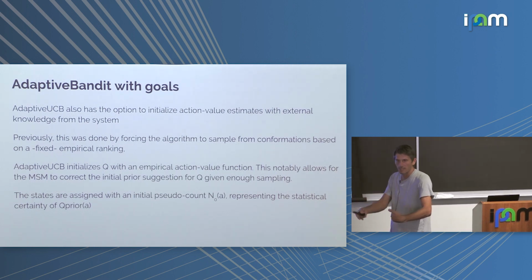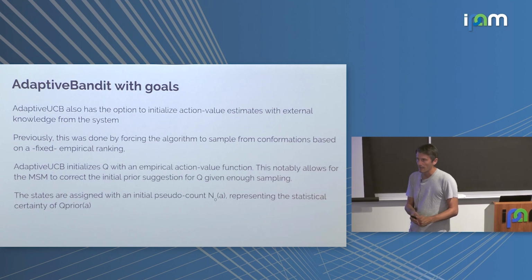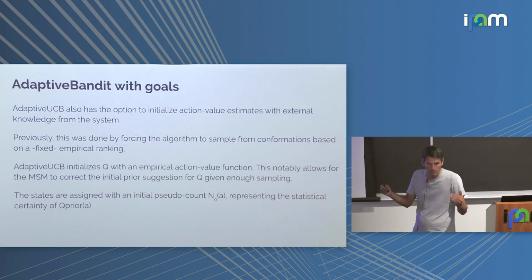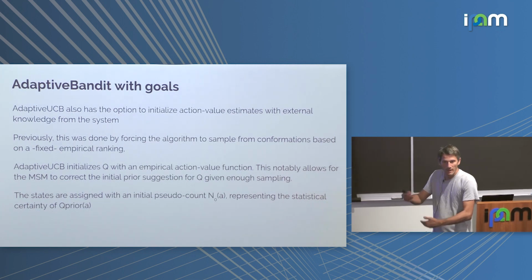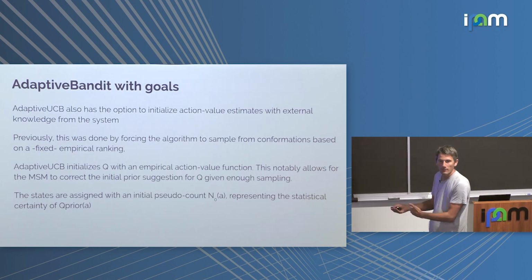The statistical data that you have wins against your initial prior. So you can decide how much you weight the prior and how long it will take to forget it. This is the way that we implemented it in, well, we now call it adaptive bandit, not adaptive UCB, because UCB is only one possible option.